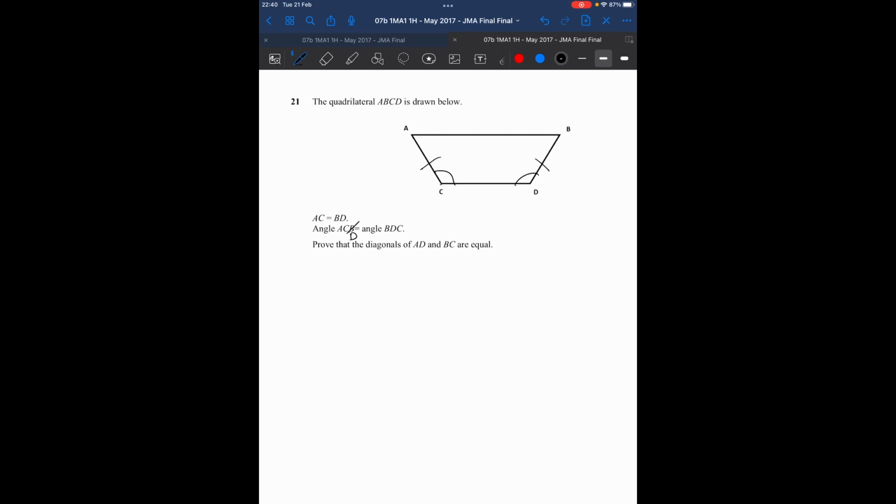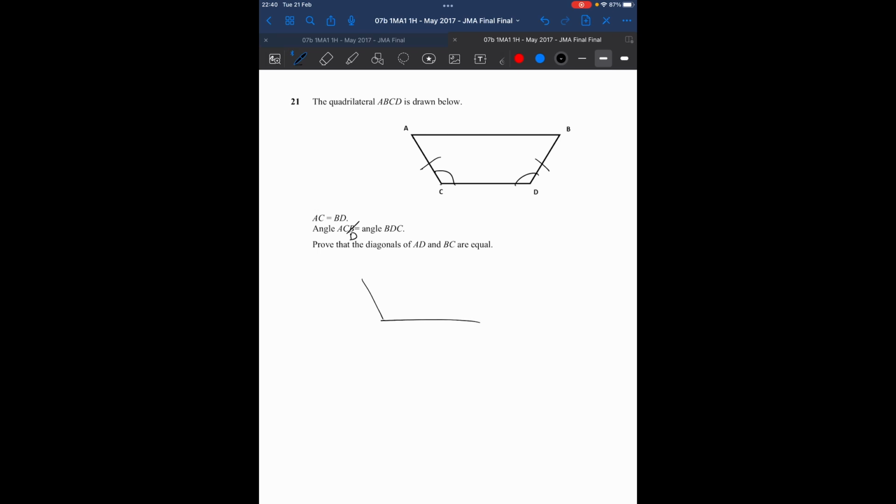So prove that the diagonals of AD looking like this, and BC looking like this, prove that they are equal to each other. So how am I going to do that? Well, I might be tempted, first of all, to just draw them out separately, because this diagram could get really, really confusing. So AD and BC.